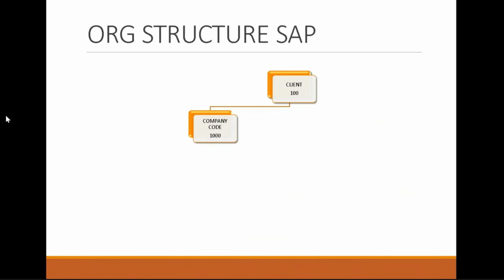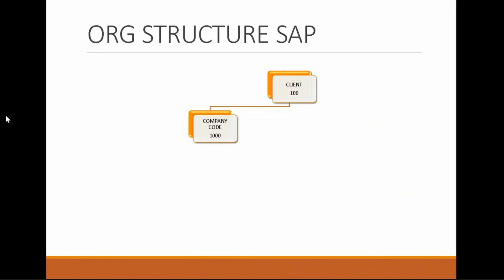So what is a company code in SAP? Basically a company code is a set of GL accounts, or we can say it is a legal entity, which will contain all the accounting information. Accounting information means your financial information will be stored inside the company code.